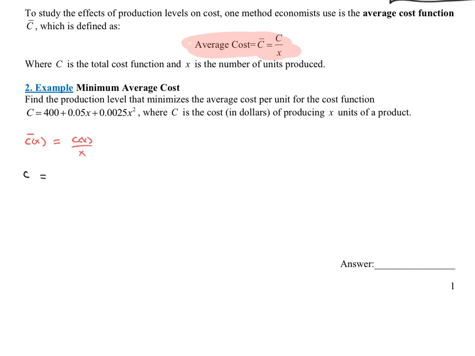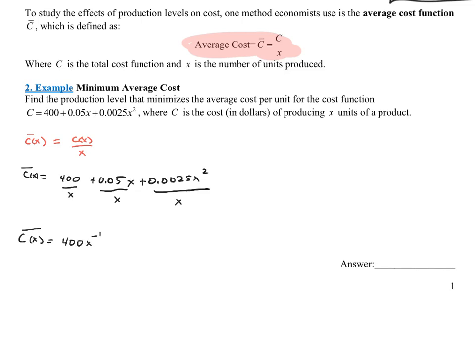I would have C bar, which is the average cost function, is going to be 400 plus 0.05x plus 0.0025x squared. And then I have to divide that by x. To help me simplify, instead of dividing the whole thing by x, I'm going to divide each term by x and simplify that way. So my average cost function looks like I'm going to have 400x to the negative 1.